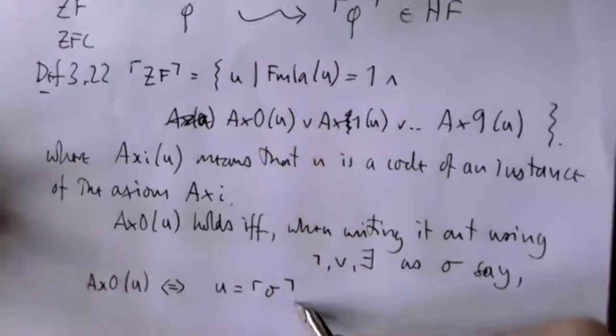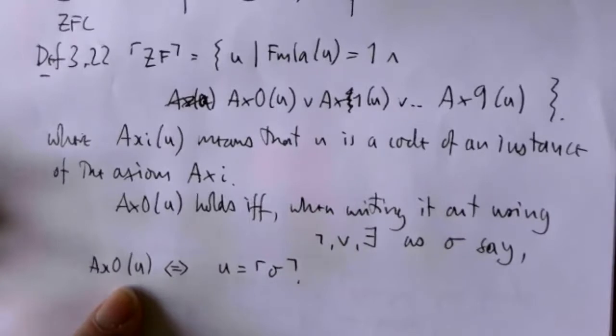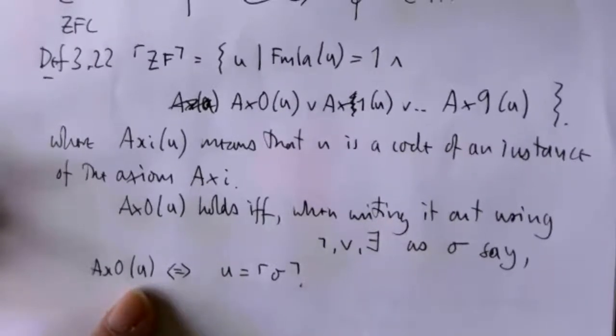That was because for the axiom of extensionality, there's just one unique axiom. But for other axioms like replacement and separation, there are infinitely many possible codes U to put in here.